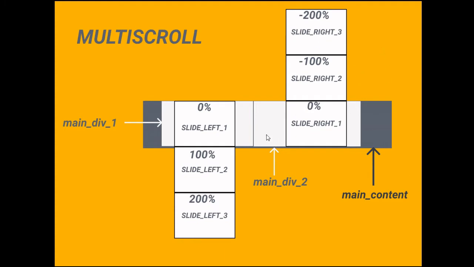So when we want to see slide 1, the main div will be as normal. When we want slide 2 to display, main div 1 will be moved minus 100%, so this will come up, whereas main div 2 will be translated to 100%, that is, this will come down. So this is the concept behind our multi-scroll, and let's code it.